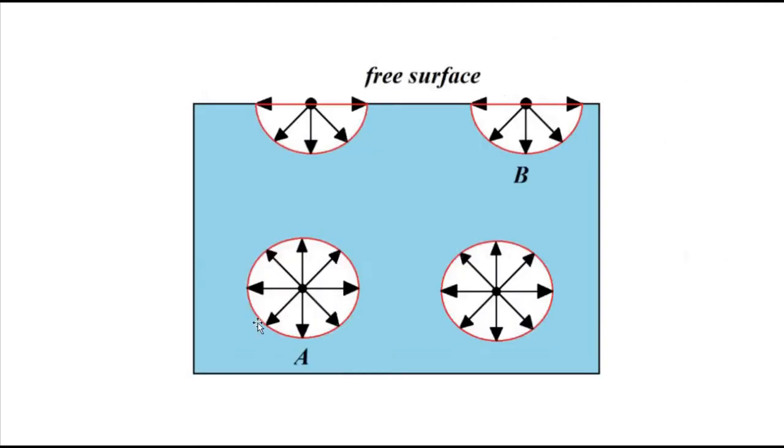Now for all the molecules which are inside the container, except for those at the surface, there is cohesive force of attraction by other liquid molecules, expressed as these arrowheads, equal in magnitude, opposite in direction. These molecules present at all these points cause a force of attraction to this molecule here.